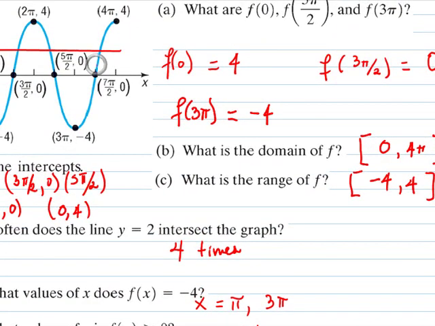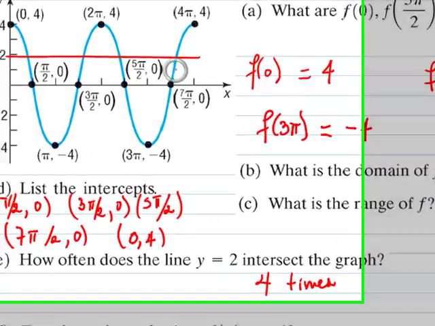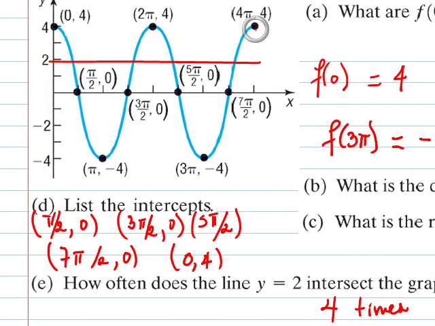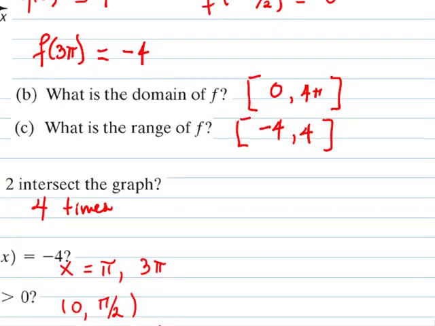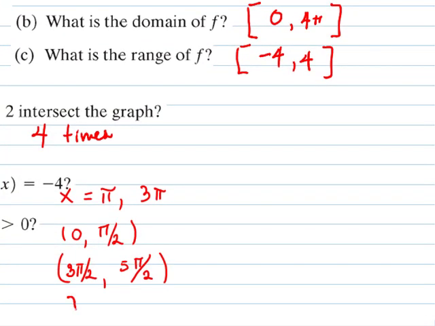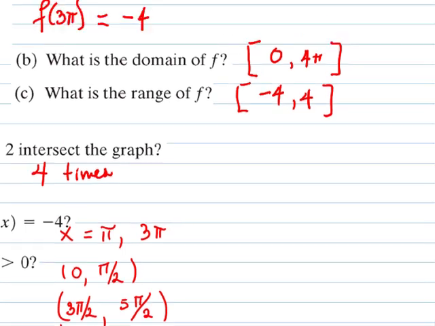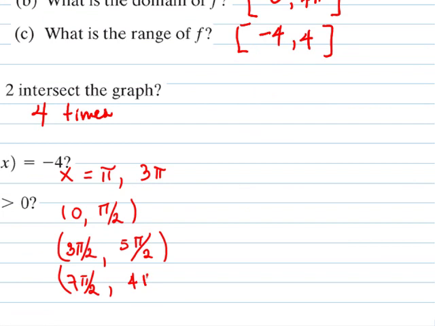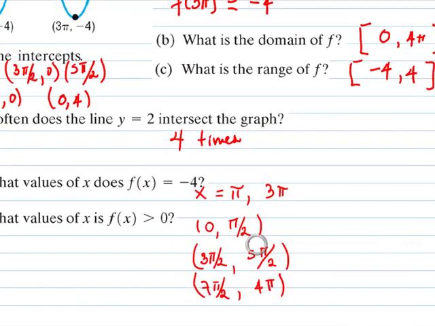Then we also have from 7 pi over 2 up to 4 pi, this is our x value. Our y value is also greater than 0. Is this 4 pi? Yeah, 4 pi. So these are 3 intervals of x values where y is greater than 0.